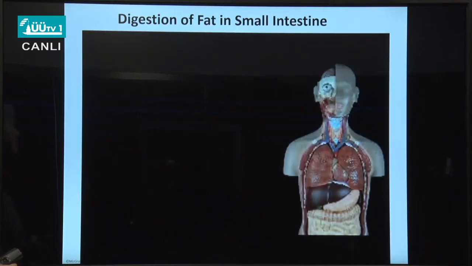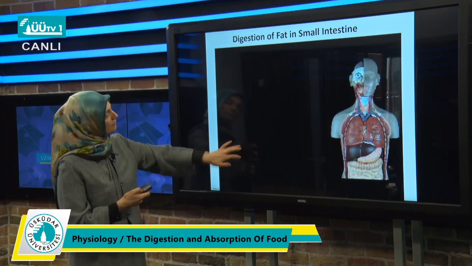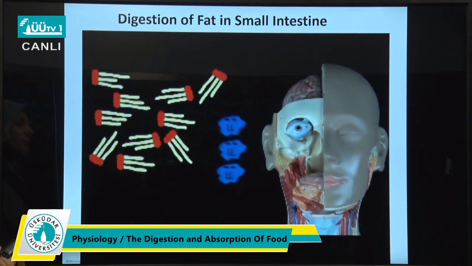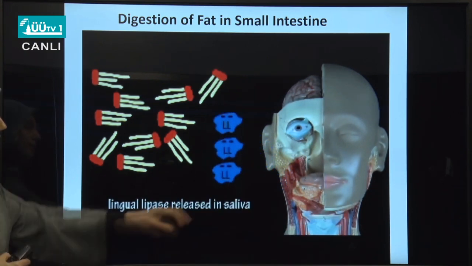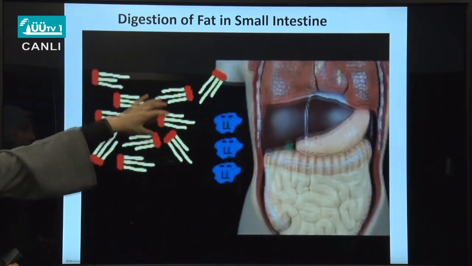Okay, so the last macromolecules are the fats. So how are the fats digested? Lingual lipase is secreted in the saliva in the mouth, but it is inactive in the mouth. So these are the triglycerides.